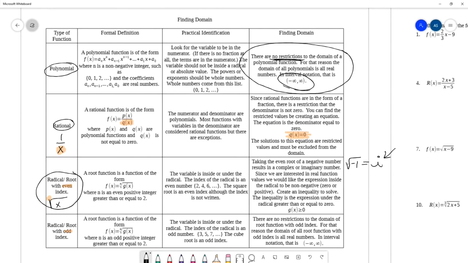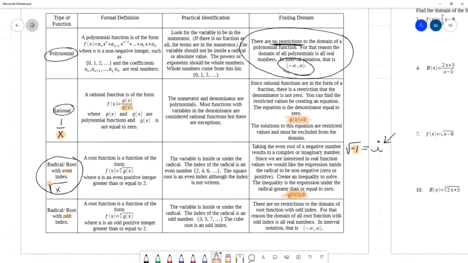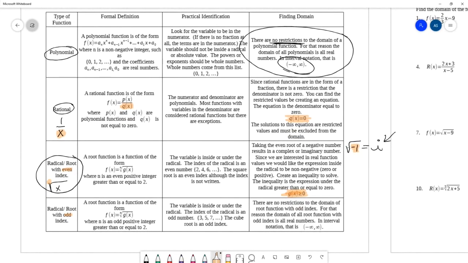So we have a restriction that the numbers underneath the radical need to be positive or greater than or equal to 0. So that's going to be our restriction for even index roots. For odd index roots, there's no restriction. So no restriction means the domain will be all real numbers.